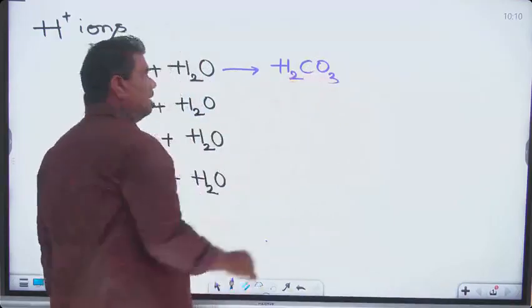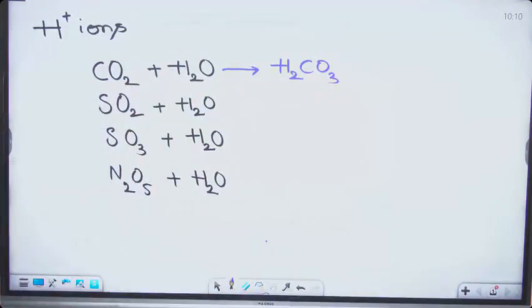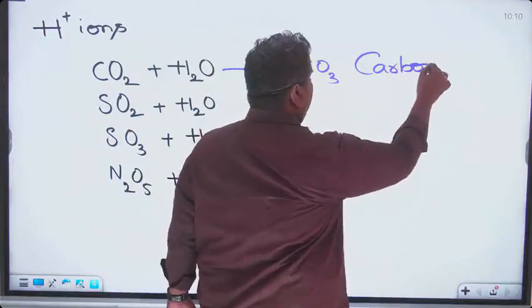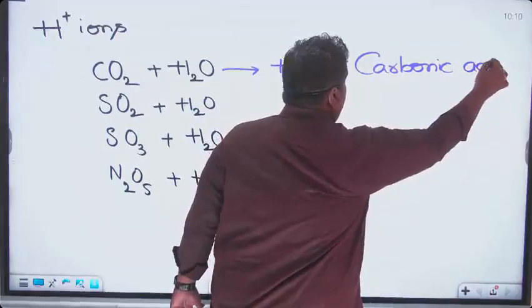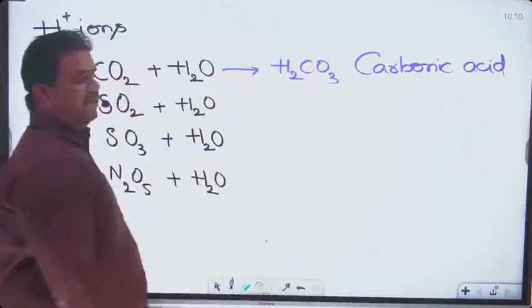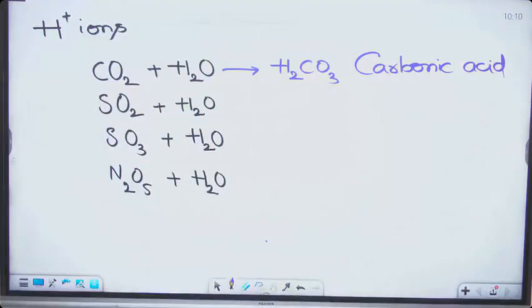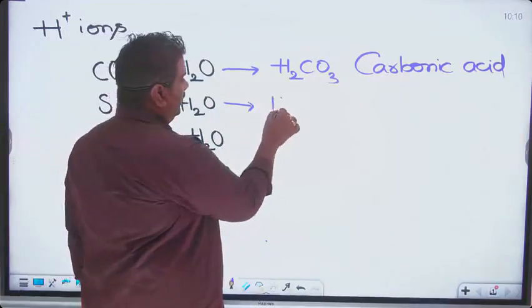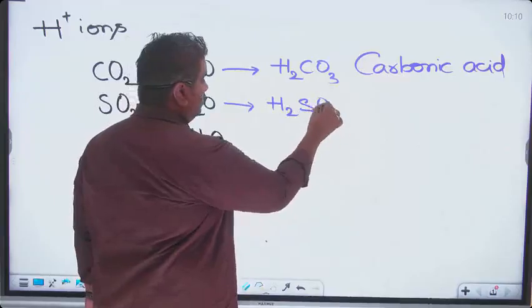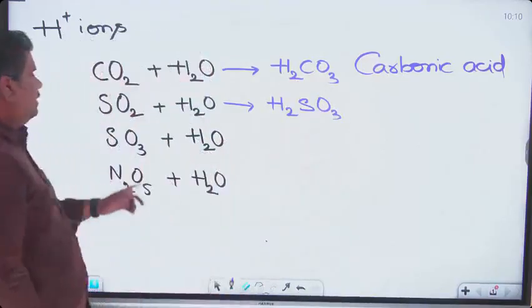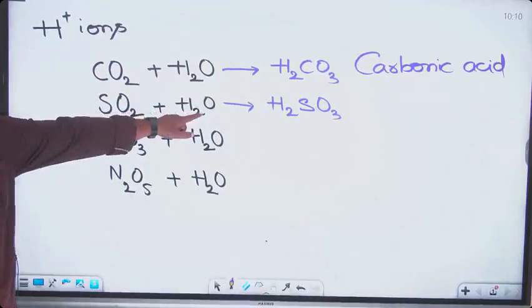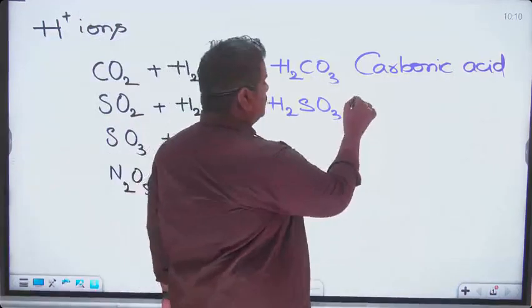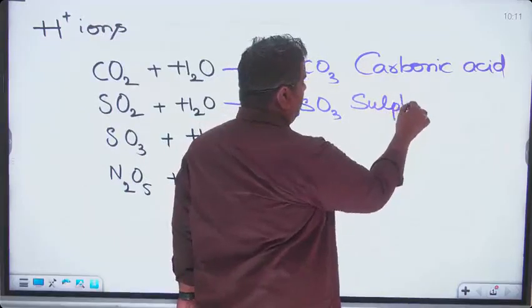is H2CO3. This is carbonic acid. Similarly, sulfur dioxide, when it reacts with water, gives H2SO3. Here you have SO2 plus oxygen from water, so that gives rise to H2SO3, which is known as sulfurous acid.